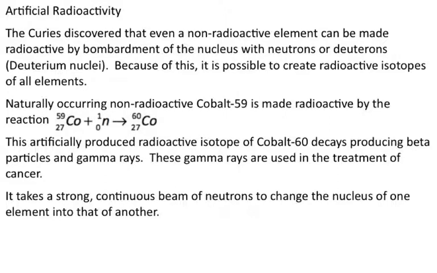The gamma rays produced by cobalt-60 are of just the right energy to be used in cancer treatment. So when you hear about somebody undergoing radiation treatment for cancer, that radiation source is cobalt-60. As a side note, the major producer of cobalt-60 in the world is in a place called Chalk River, Ontario. There's a nuclear reactor there that produces over 90% of the world's cobalt-60.